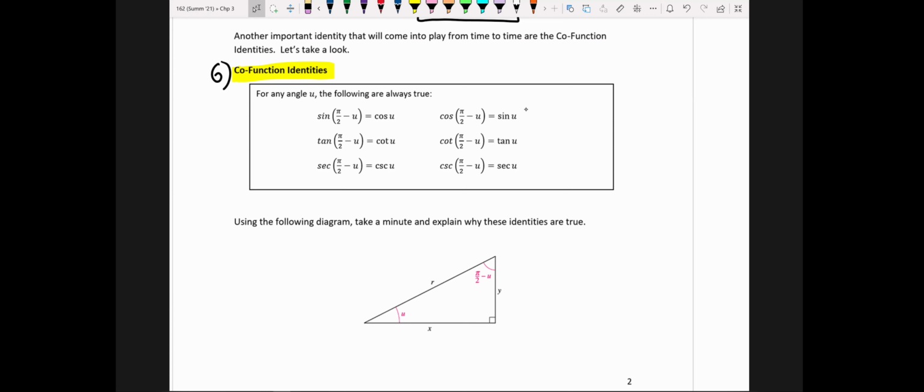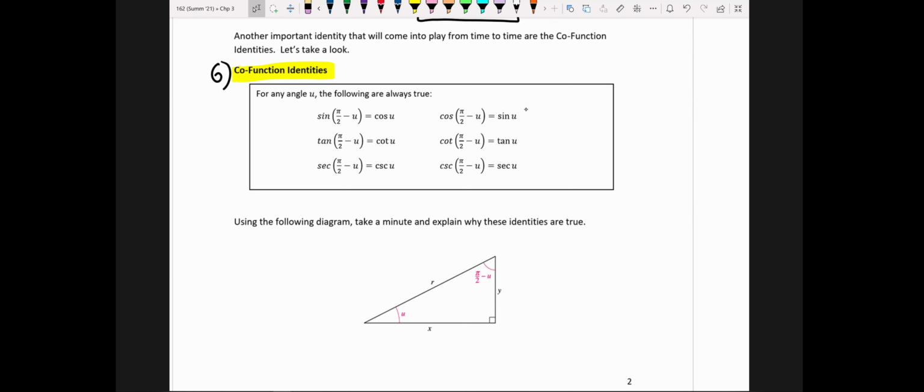Therefore, if you take sine and shift it, you're going to get cosine. Tangent and shift it, you're going to get cotan. Secant, shift, you're going to get cosecant. Okay. Now, in addition to the shifting, we may need to reflect it.